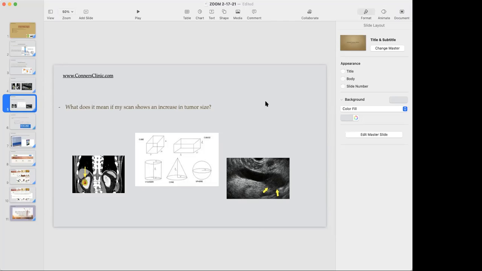So if my tumor doubled in size over the course of 3 months, that's probably not a good thing. And that's probably not due to what we just talked about here. There is growth that's taking place. But if my tumor has been growing slowly, then okay, that could be a bad thing. Maybe I need to tweak some things. Maybe this is as slow as I'm going to get it to grow.